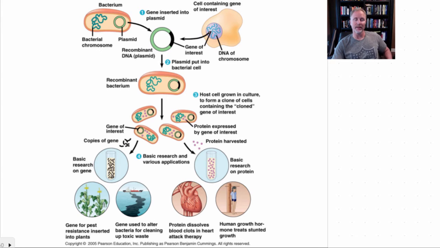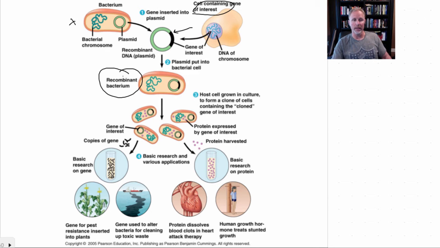All right, so basically what you can see from this particular picture here is we've got this bacterium, and we're going to take a gene out of a particular organism that we're interested in cloning, and insert it somehow into this plasmid. Then we're going to get this bacterium to take up that plasmid and become a recombinant bacterium. What that simply means is it's going to contain genetic information from 2 different organisms.